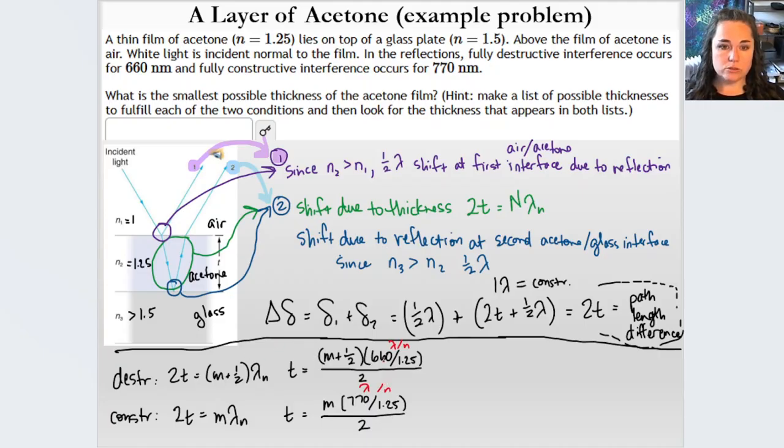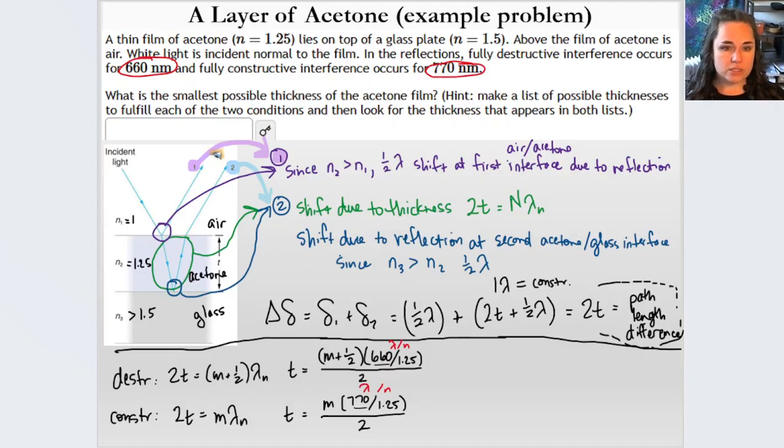So I'm going to look at the destructive interference happens for the 660 nanometer light, so that's down there. The constructive interference happens for the 770 nanometer light, so that's what I put down here in these equations, 660 and 770. I went through and I calculated all the different thicknesses that destructive interference happens for 660 and constructive interference happens for the 770.